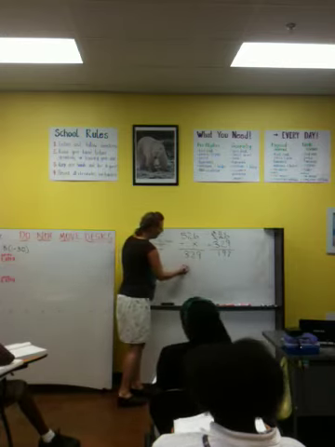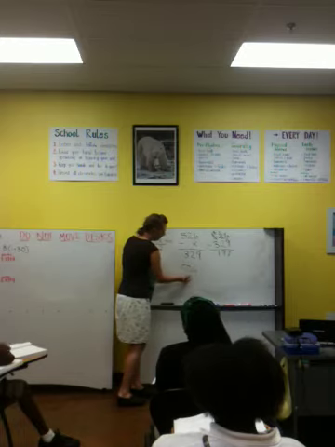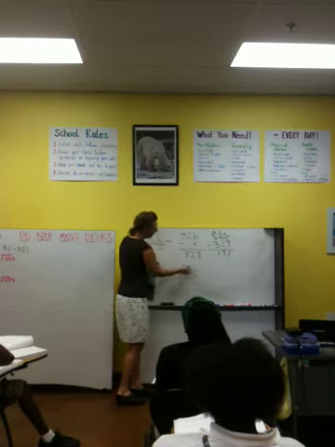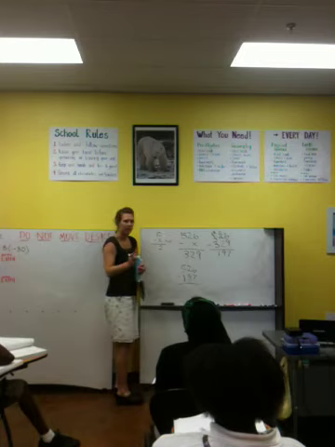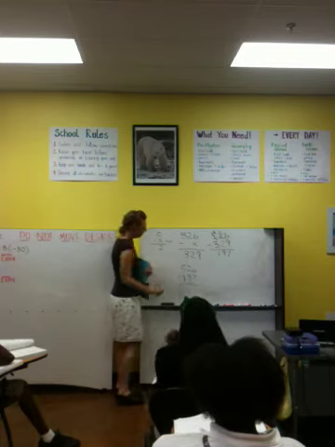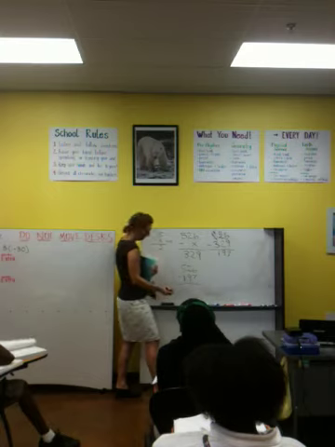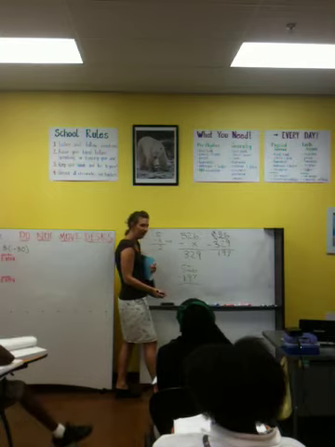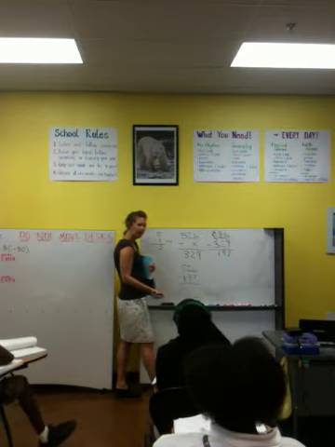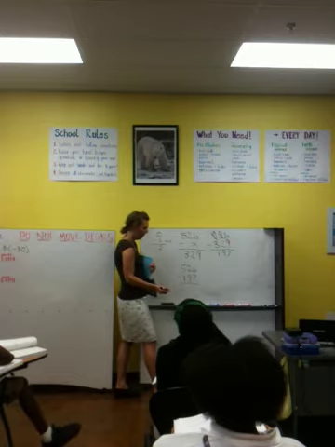Can we check it? 526 minus 197. 6 minus 7? Jamaica, let's come back to you for this one. 6 minus 7? Can you do it? No. So what do you need to do?